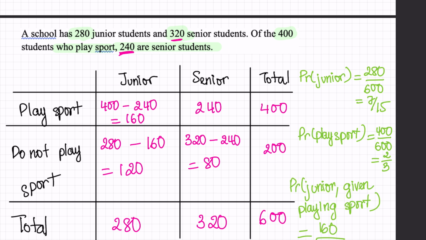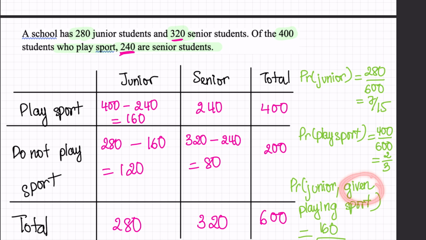The words given that give you the population. Now the population is not 600 anymore. It's not the whole population. The population is the ones who play sport, yes, 400. So 160 over 400 simplifies to 2 over 5.